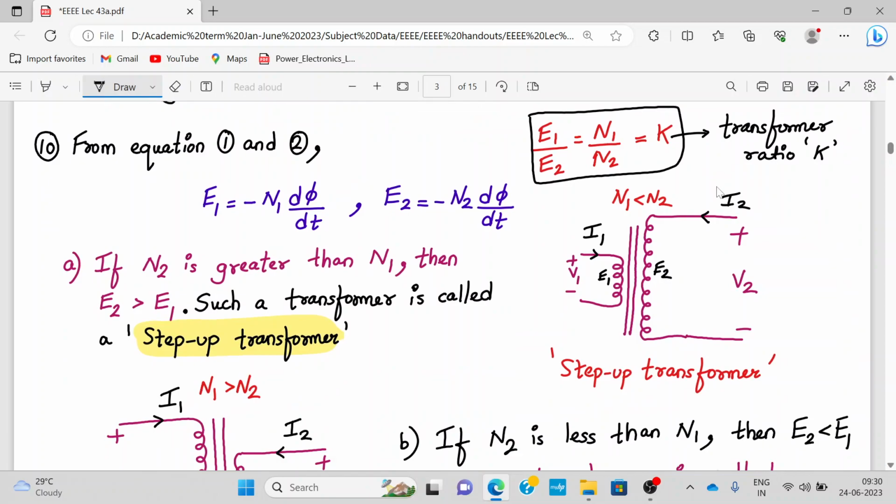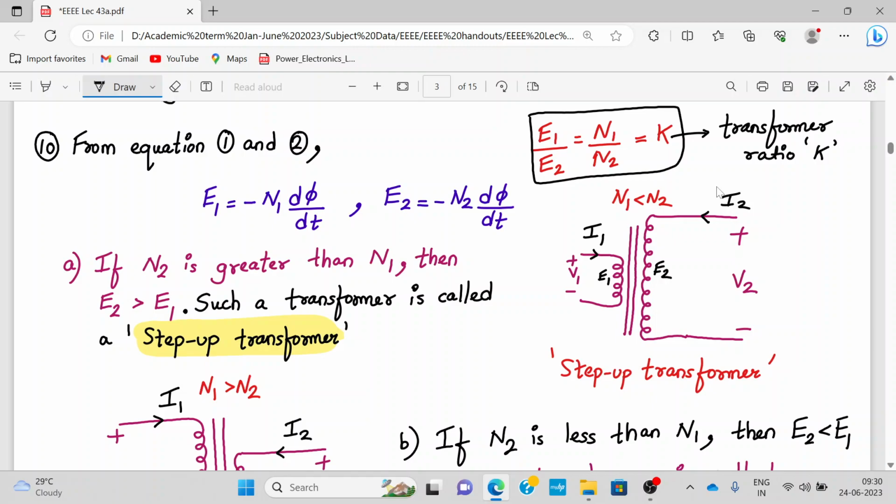Now, if N2, the number of turns of the secondary winding, is greater than N1, then we can say E2 is greater than E1. Okay, if N2 is greater than N1, then E2 is greater than E1, right? Or else we can say that K is less than 1. Alright, if N1 is less than N2, then K is less than 1.